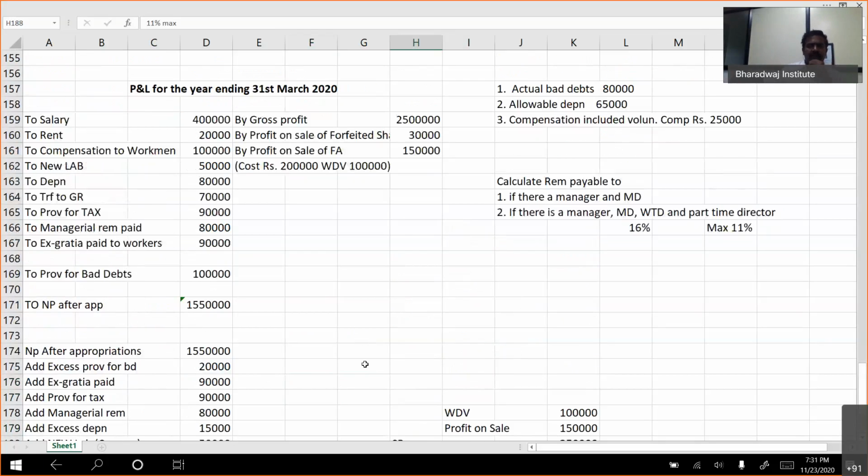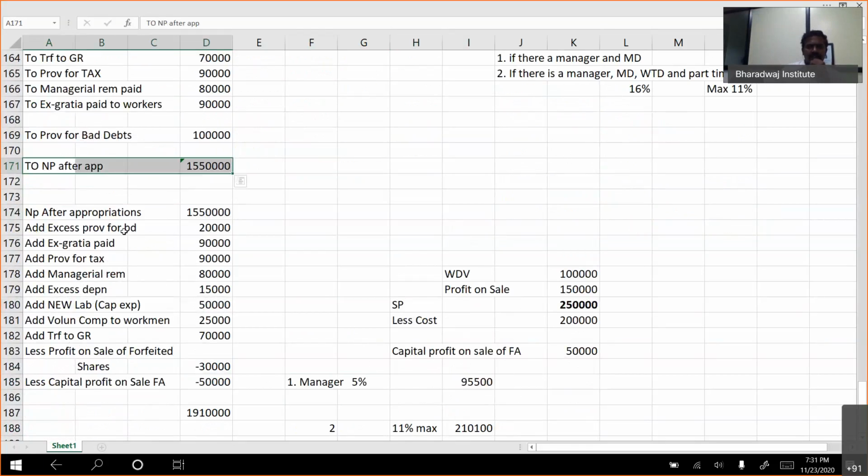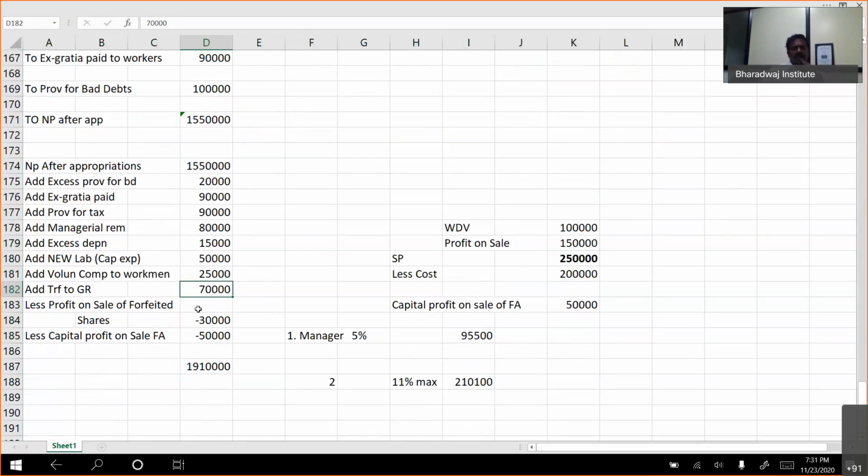So when they give you the profit and loss account, take the net profit, add back all excess provisions and voluntary compensations, provision for tax, managerial remuneration, and excess depreciation, any capital expenditure or voluntary compensation. There is no prescribed ratio for this. They have to decide among themselves. They transfer to general reserve.